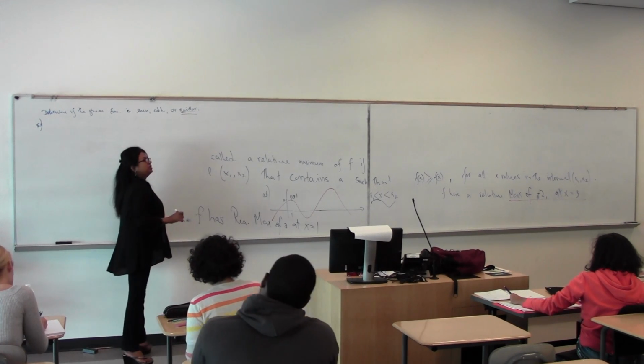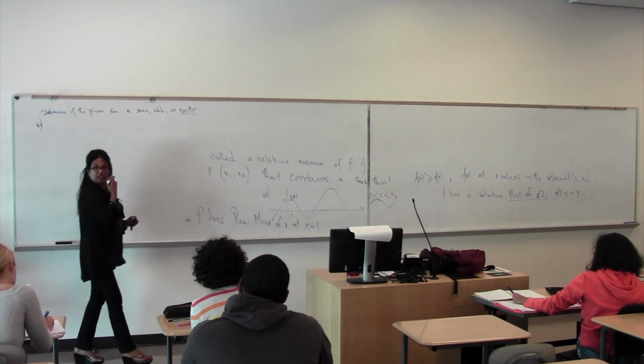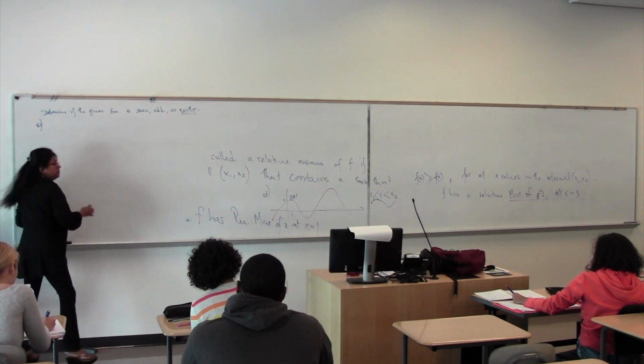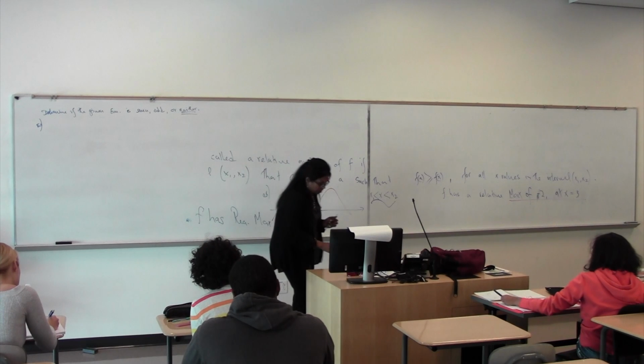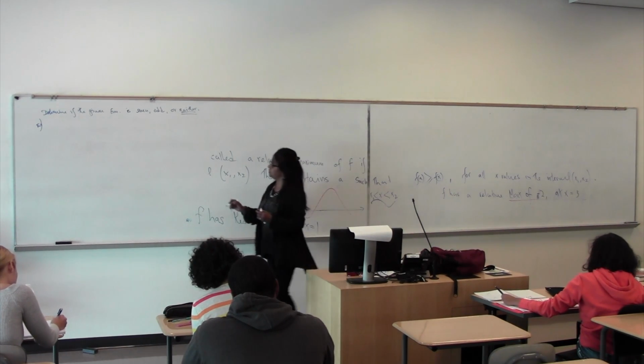Some functions are not even and not odd, and then we call it neither. Okay? So let's do a couple of examples. Which one? I'm going to do 95, x squared minus 4.